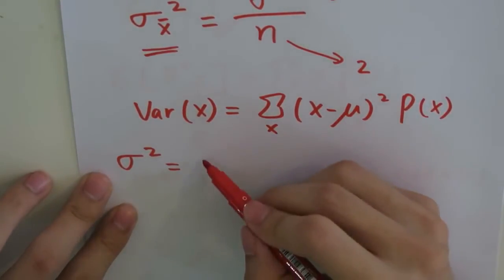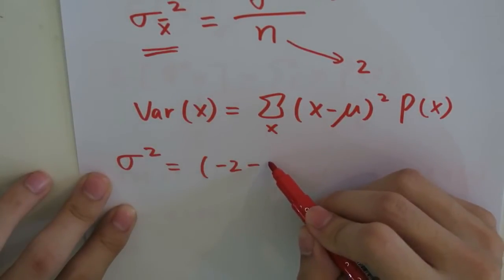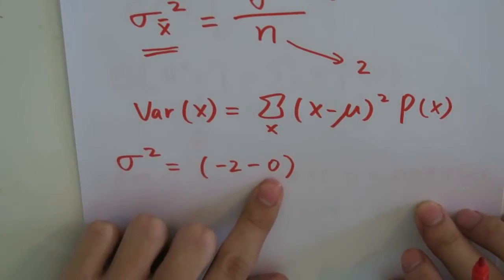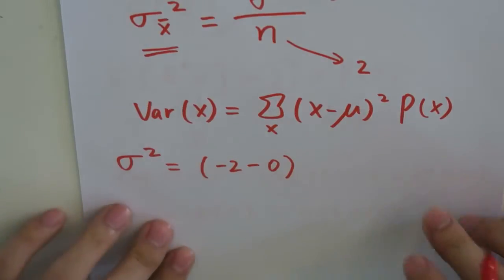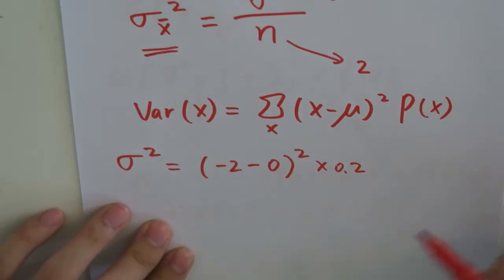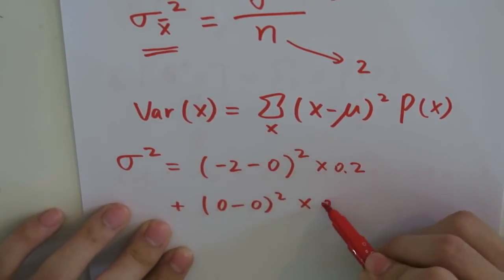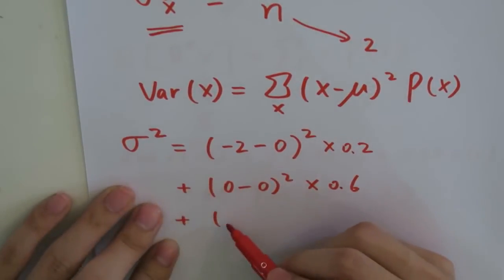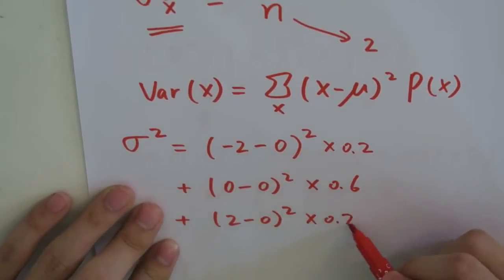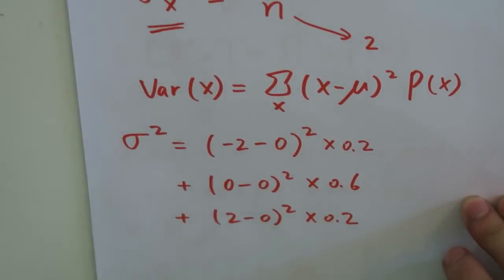That means minus 2 minus 0, because from part B, we know the population mean is 0. Then we take the square, multiply by 0.2, plus 0 minus 0 squared, multiply by 0.6, plus 2 minus 0, take the square, multiply by 0.2.